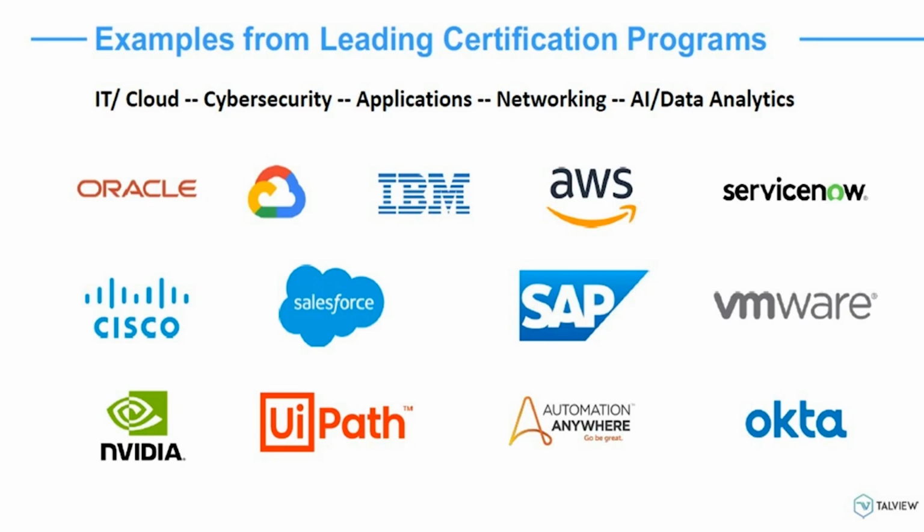Companies with multi-product portfolios, SAP, ServiceNow, Oracle, Salesforce, these are all good examples, will have product-specific certifications by role, with one, two, or three tiers for each of those product roles, depending on the maturity of the technology and the market demand.